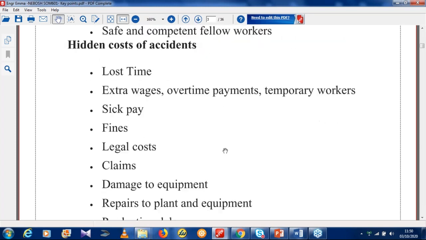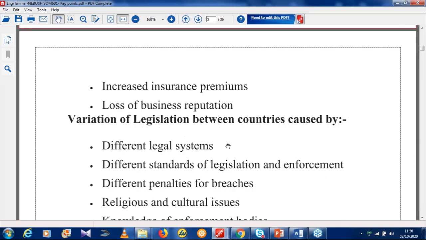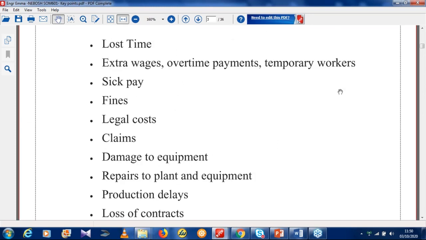Now, when we talk about the losses that are associated with activities, it should be noted that these losses can be in various forms. All right, we have the cost of accident that can be direct or indirect.